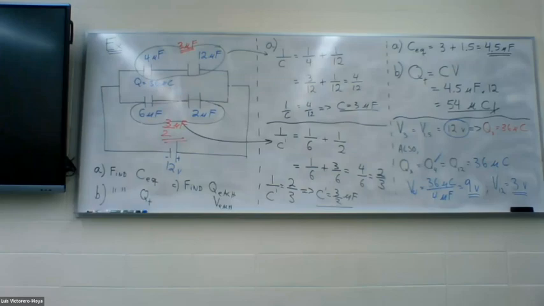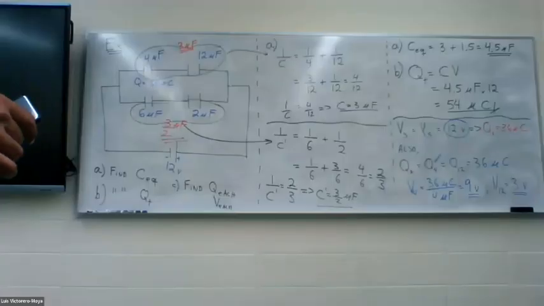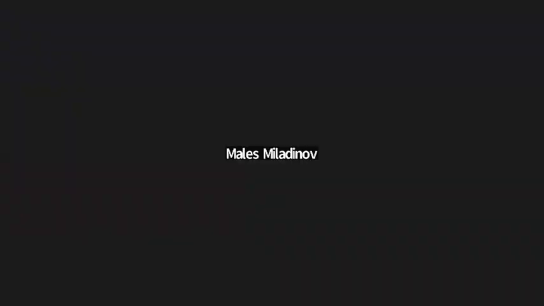All right. Wait, Professor, the 36 microcoulombs, is that for Q3 or Q4? For both. They both have the same charge. Okay, so Q3 equals Q4, which equals Q12, which equals 36 microcoulombs. Yeah. So it's really just the voltage that's not constant.